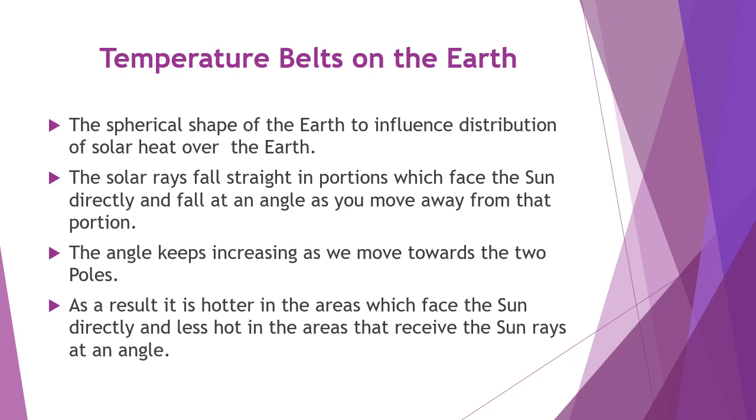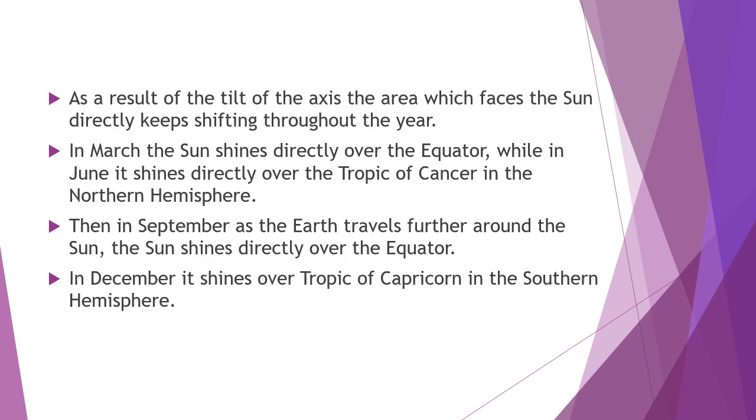Now, as a result of the tilt of the axis, the area which faces the sun directly keeps shifting throughout the year. Actually, the angle which is facing the sun directly won't be stable. You know that, Earth is always moving.